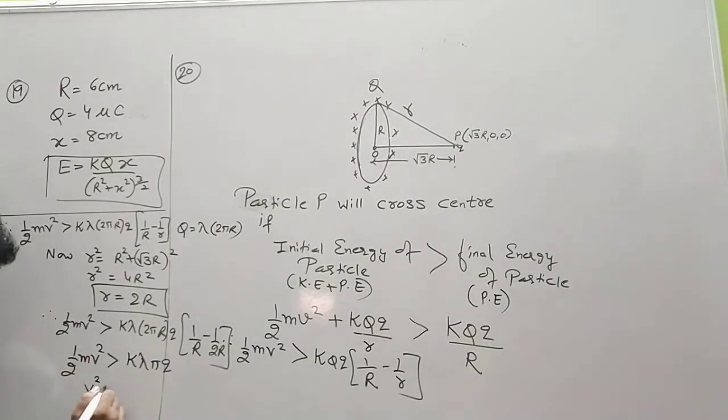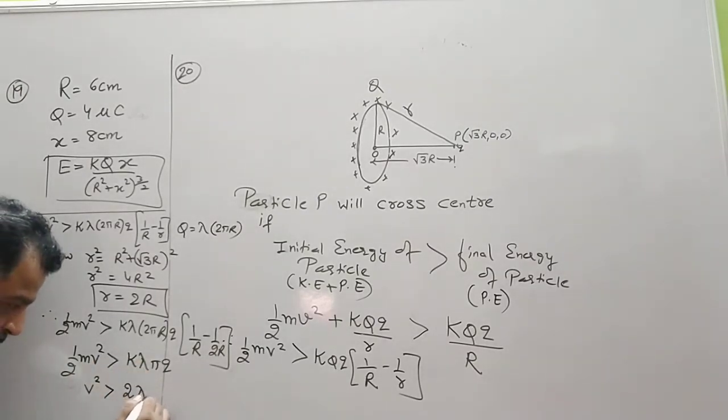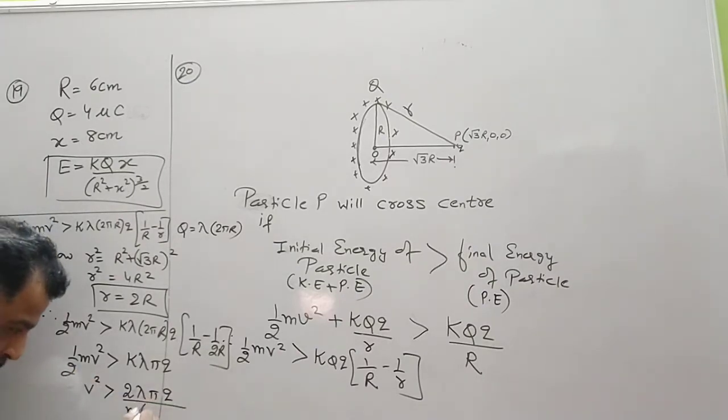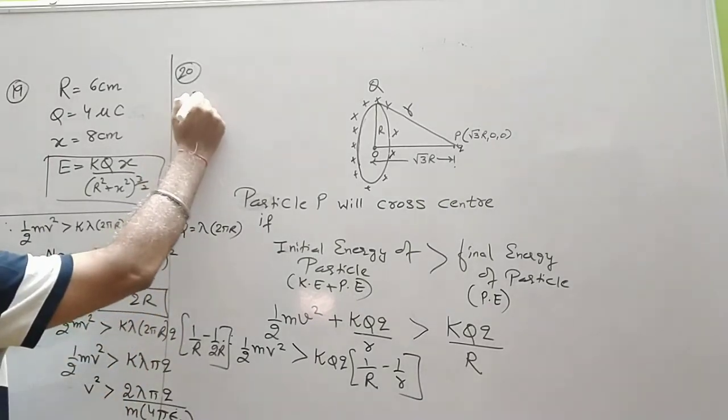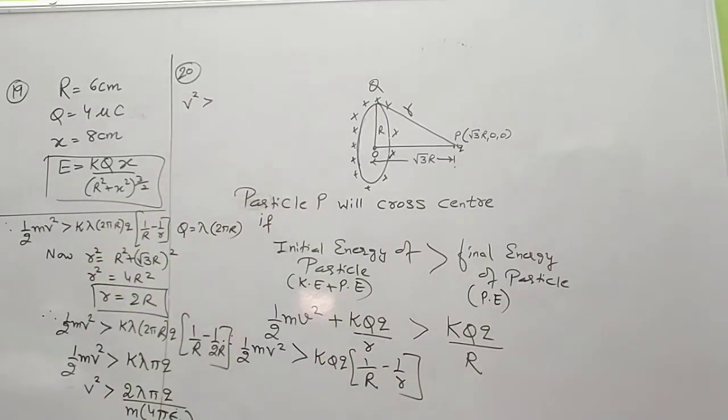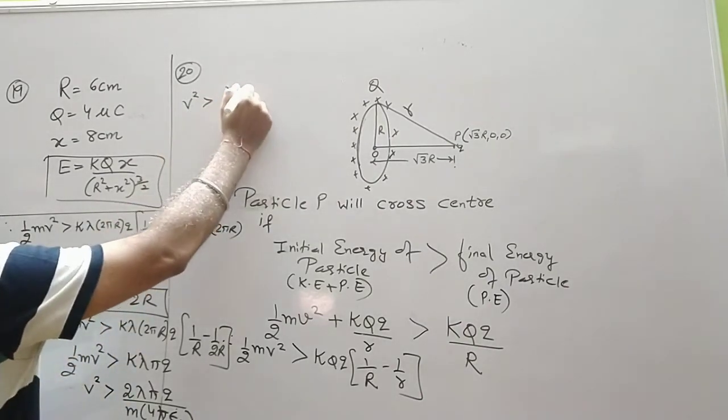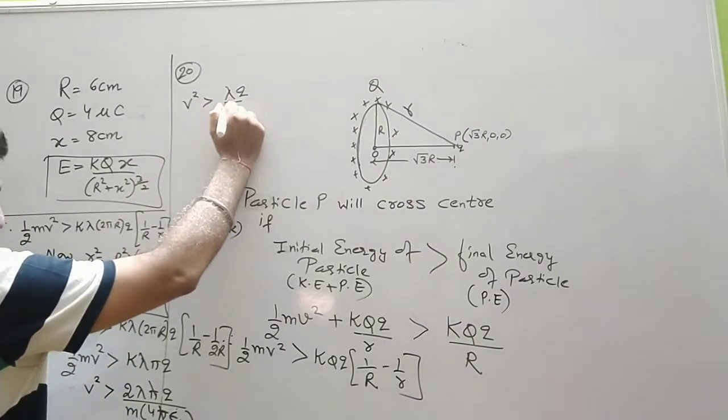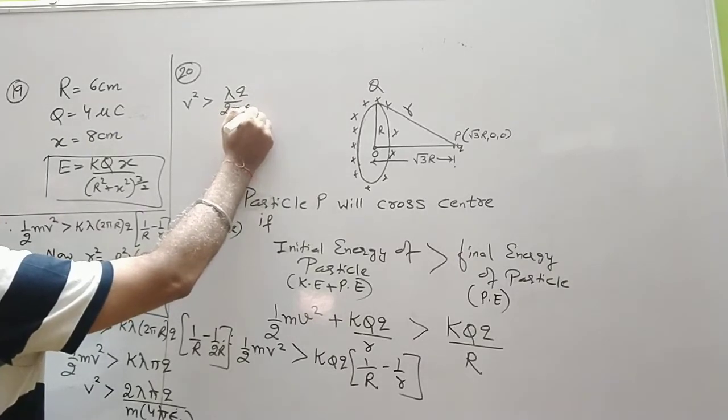v square is greater than 2 lambda pi q upon m, and in the place of k we write 4 pi epsilon naught. This can be written as v square is greater than, so pi is cancelled, 2 is cancelled, so lambda q upon twice m epsilon naught.